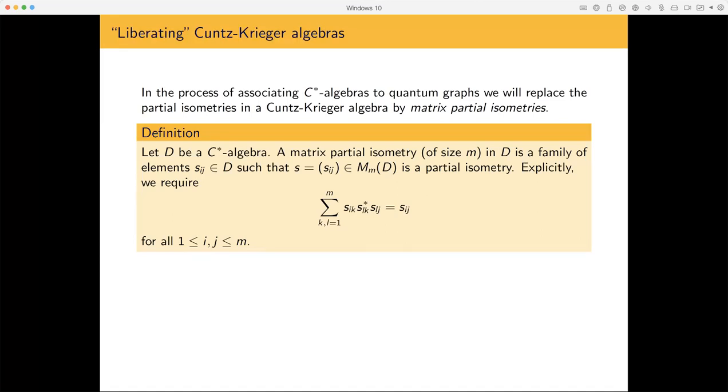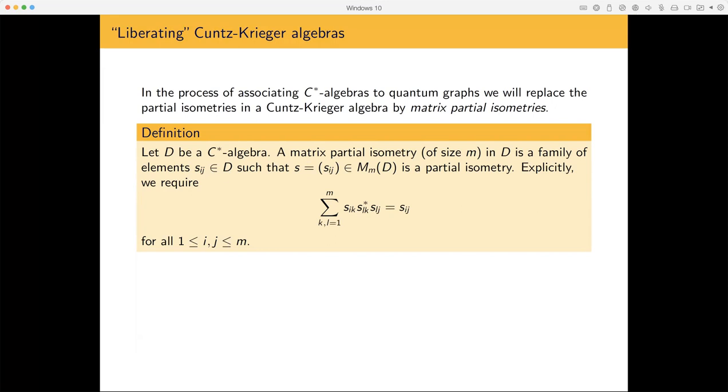What I mean by a matrix partial isometry: take a C-star algebra D and take a matrix with entries in D, and then a matrix partial isometry is just such a matrix which is a partial isometry in the matrices over D. I've written out this condition here. Does that make sense? Okay, now that is in a sense how we make things non-commutative, or how this non-commutative aspect of quantum graphs will enter.